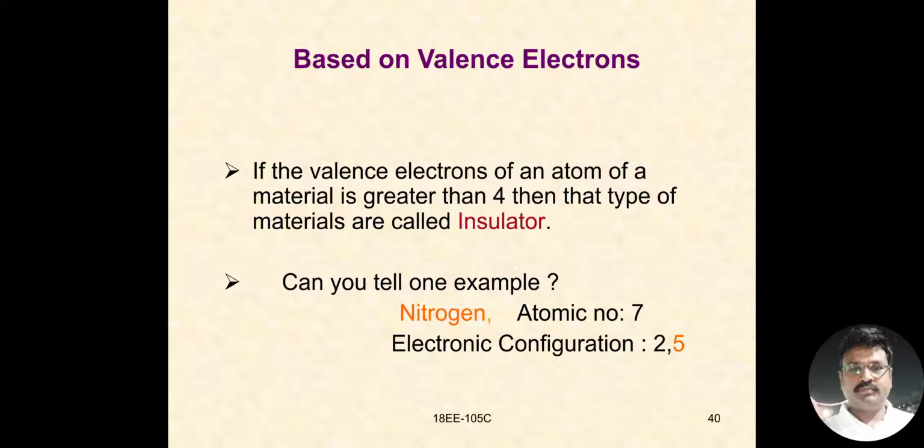So in nitrogen, valence electrons are 5, which is greater than 4. So that material, nitrogen, is classified as insulator.